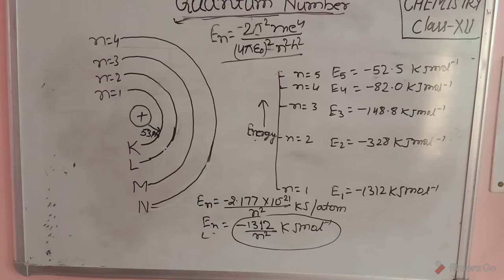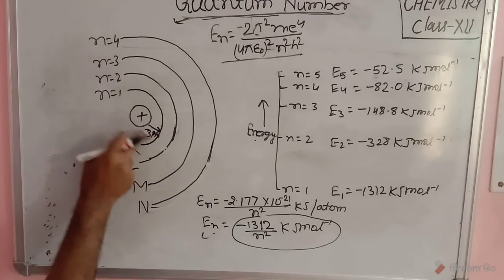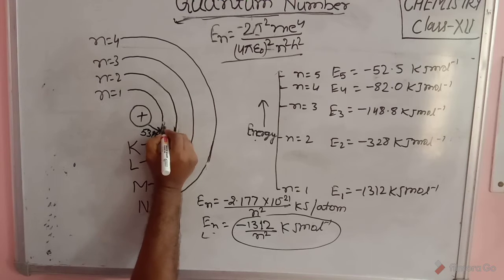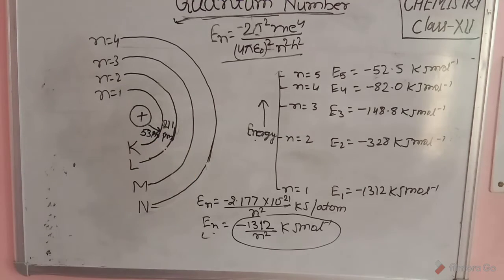It is the energy level that represents the relative distance of the electron from the nucleus. In the first shell, that is K, it is 53 pm, whereas for the second it is 211 pm.